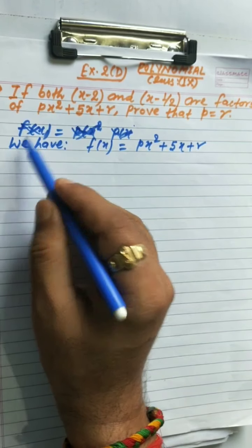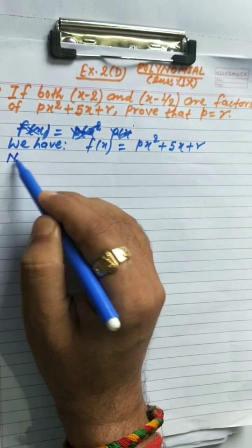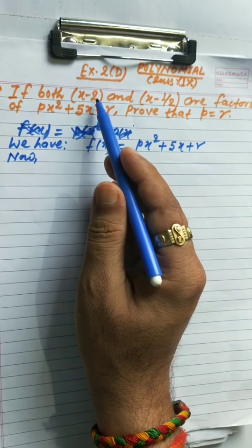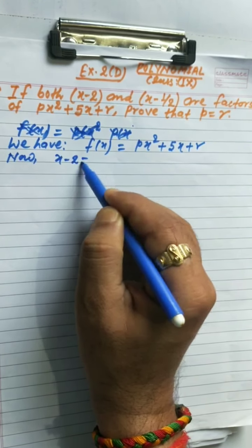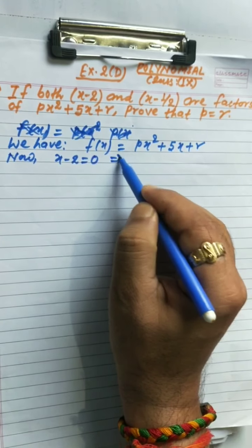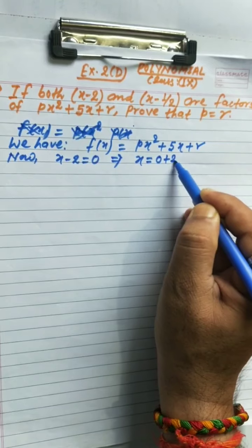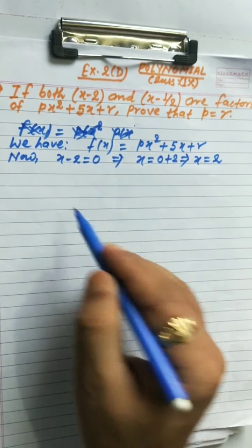Now the first factor is x minus 2. So let us find the value of x from this factor. x minus 2 will be equal to 0, then we have got the value of x, which is 0 plus 2. This implies that x is equal to 2.